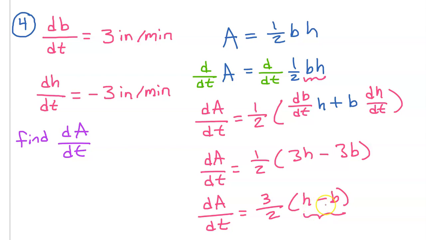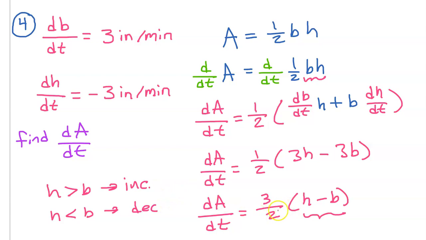If h is greater than b, then the rate will be increasing. All right, dA/dt will be increasing. If h is less than b, right, then we have a smaller number minus a larger number. So if h is less than b, then this will be a negative value and dA/dt will be decreasing.